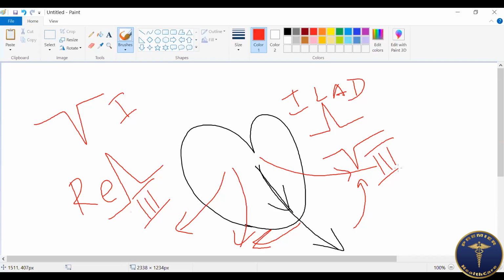Leaving pattern is for left axis deviation. Reaching pattern is for right axis deviation. We can remember that right axis deviation occurs in right ventricular hypertrophy. Left axis deviation occurs in which condition? Left axis deviation occurs in left ventricular hypertrophy.